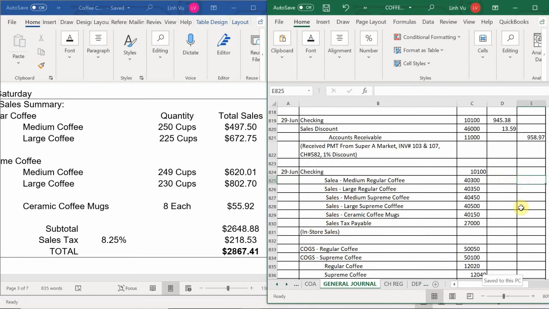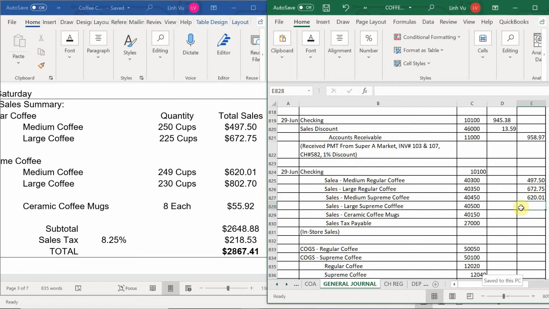Let's record the sales. Sales for medium regular coffee, that's for 97.50. Large, 672.75. Medium Supreme 620.01.